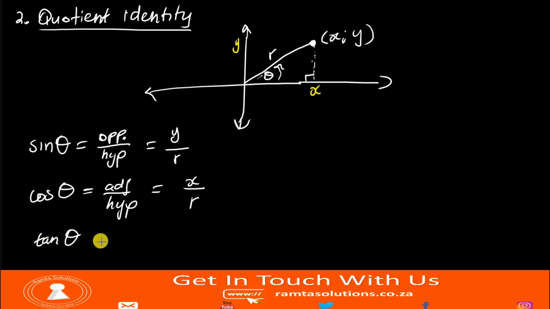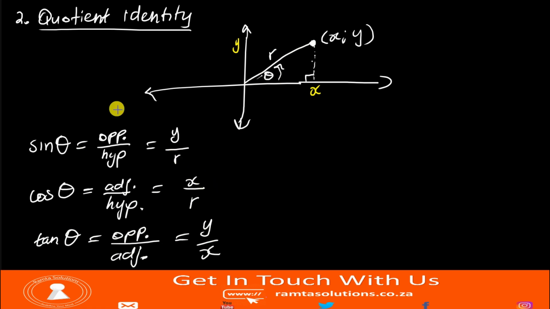Your tan theta is again opposite over adjacent. We have said the opposite side is y, the adjacent side is x. So there is something that we know.